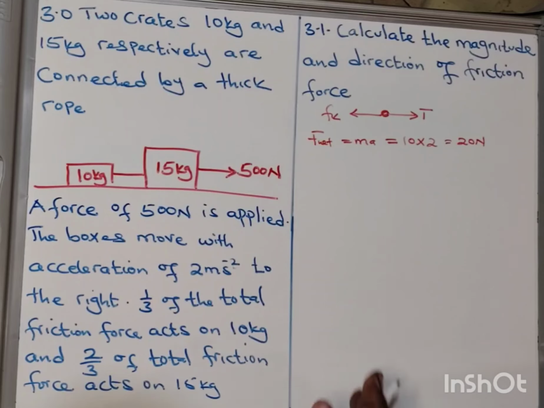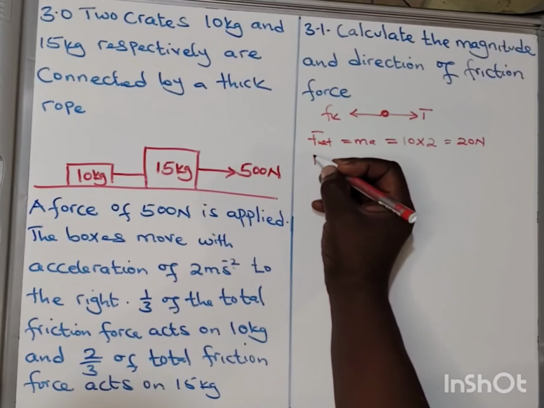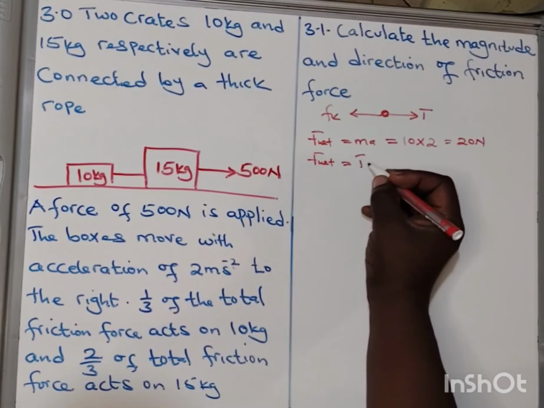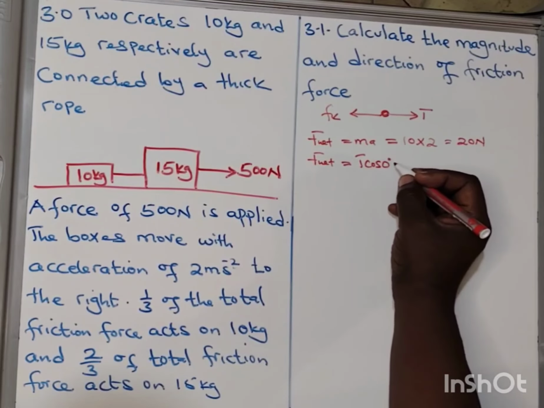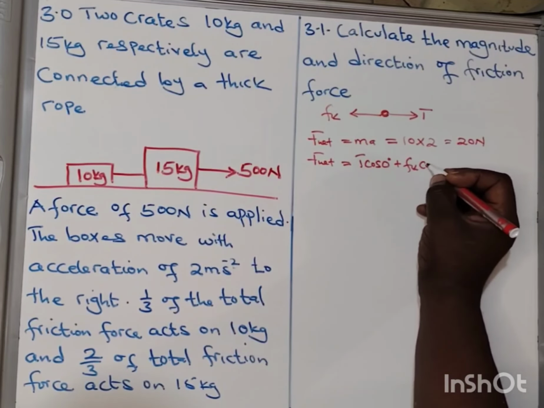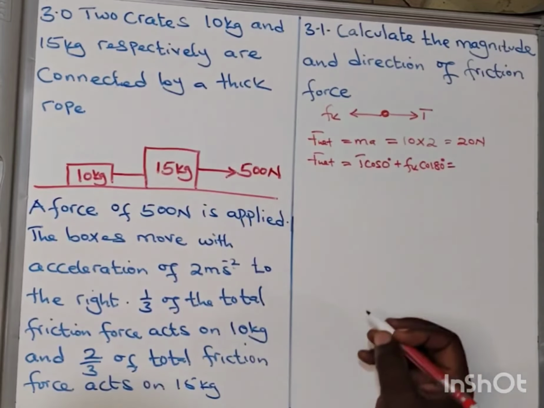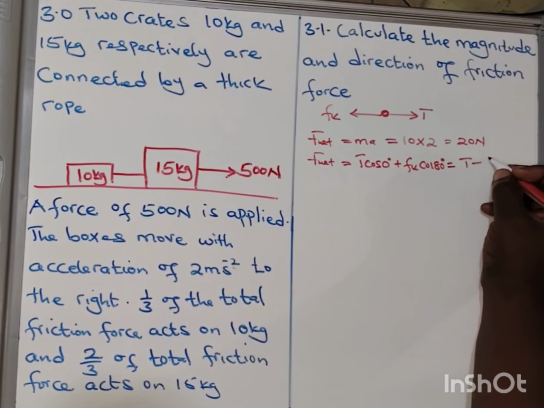Then from here, what do we know from the forces? From the forces, we know that net force is equal to T cos 0 degrees plus Fk cos 180 degrees. What does this give you? It gives you T minus Fk.